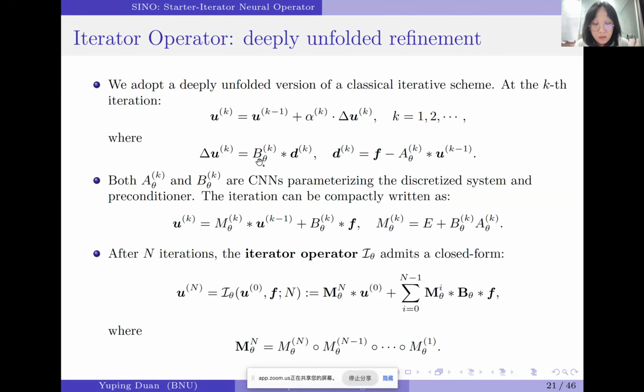Then another operator, B theta, maps this term to a correction to the current solution. So this is the final update of U_k. Repeating this stage progressively refines the prediction. So we update this U n times and get the final estimate of the iterator operator.